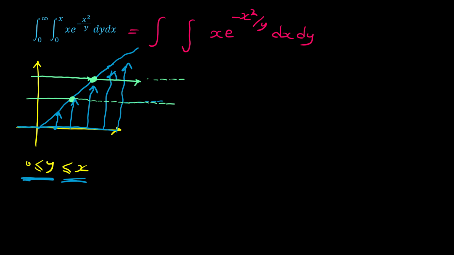As you can see, the lower limit of x depends on this line. For x, we enter the region at this line. But what is this line? This line here is y equals x.